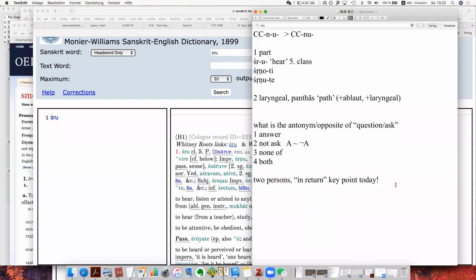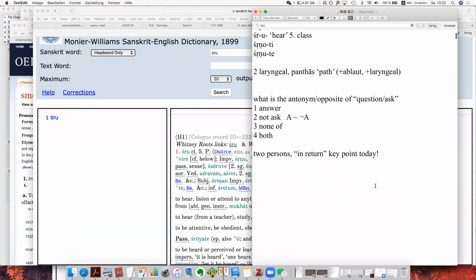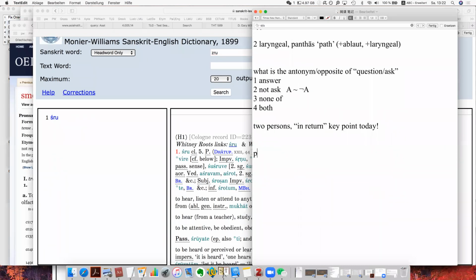Now let's move on. This goes back to the explanation of the question I mentioned in our group chat. This is the problem and we are going to solve it. I mentioned the Old Persian text.